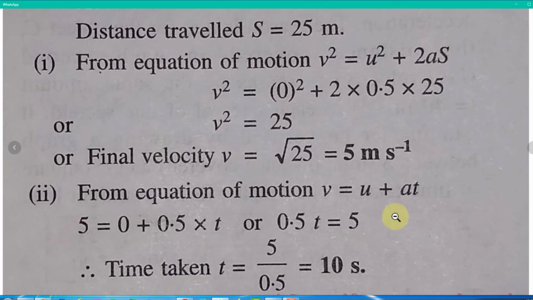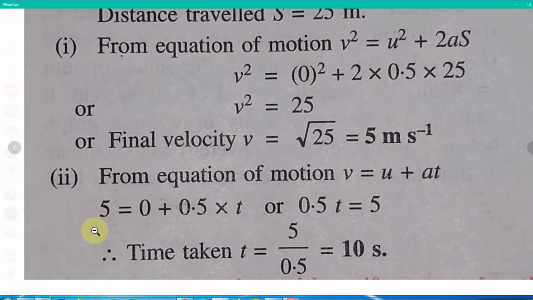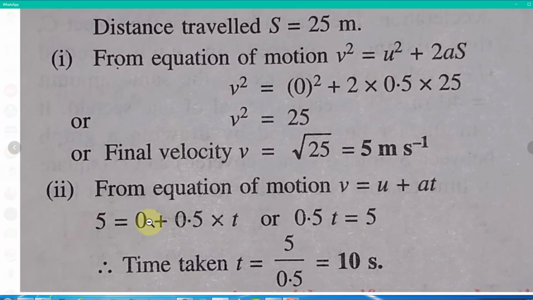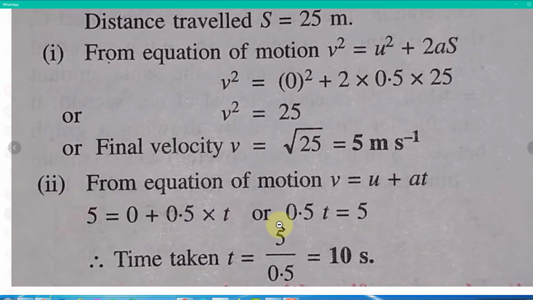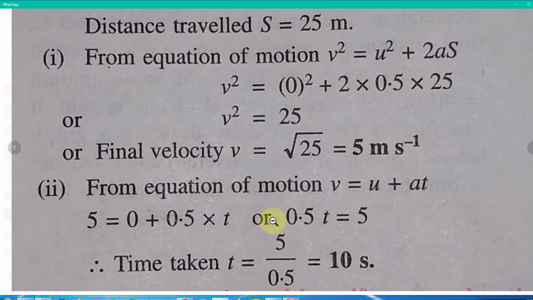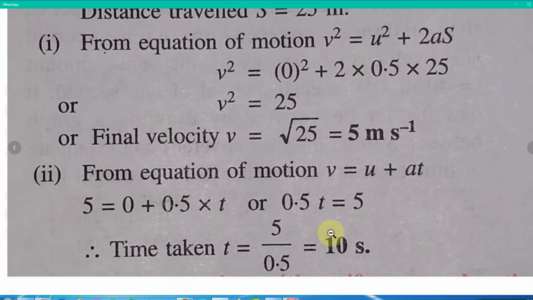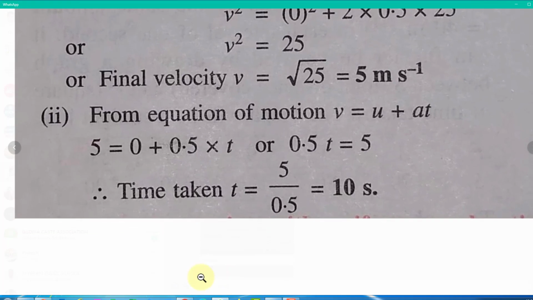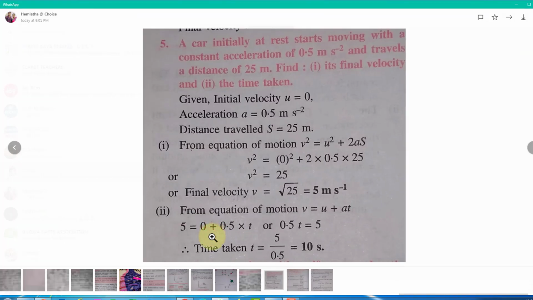So V final velocity we got, 5 meter per second, is equal to U is 0 plus A 0.5 into T time. So 5 is equal to 0.5 T. So T is equal to what? 5 by 0.5, that is 10 seconds. Okay children, very simple. So time taken is 10 seconds.